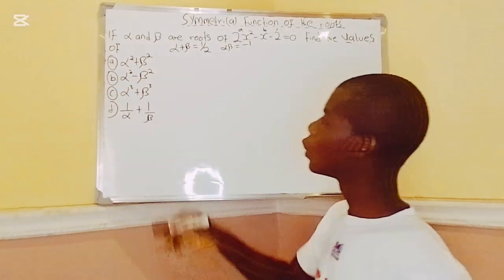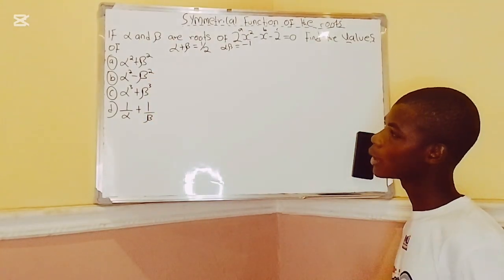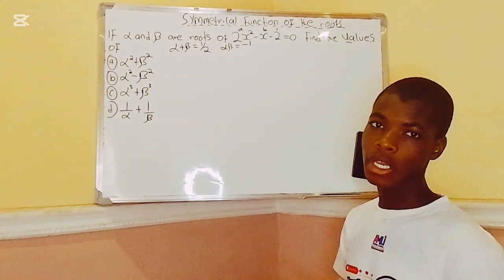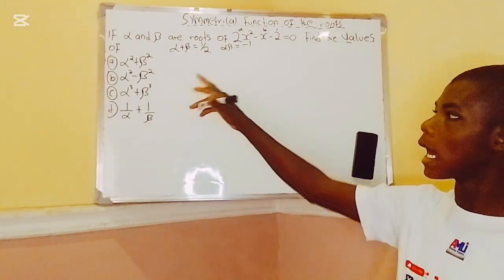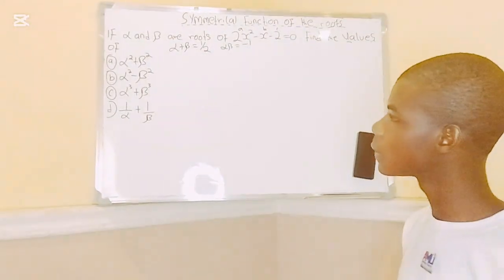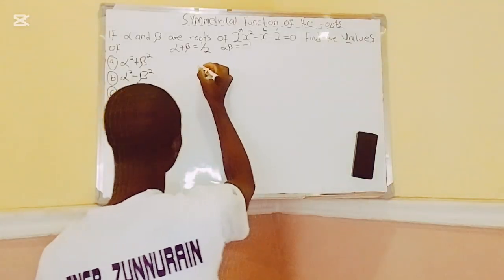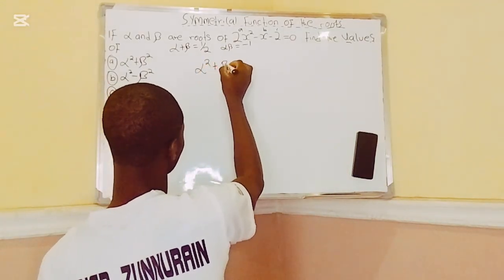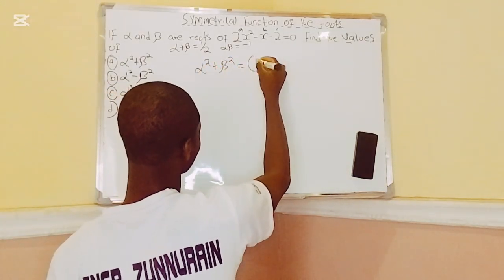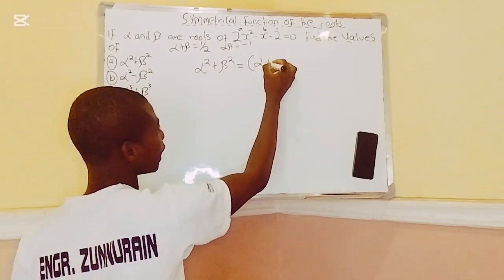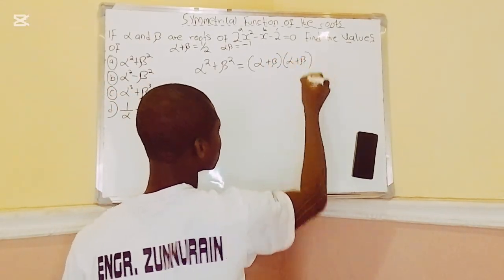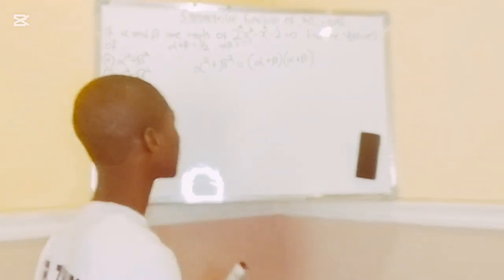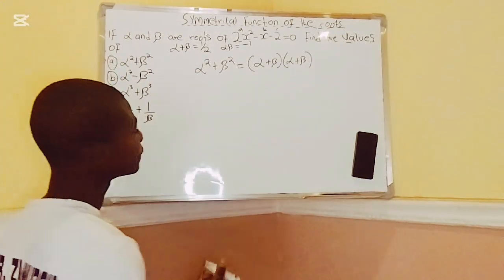So therefore, we are asked to find the value of alpha squared plus beta squared. So therefore, we have to prove the formula that we can use to sum this alpha squared plus beta squared. Suppose alpha squared plus beta squared is the same thing as alpha plus beta bracket alpha plus beta. So let me simplify it.